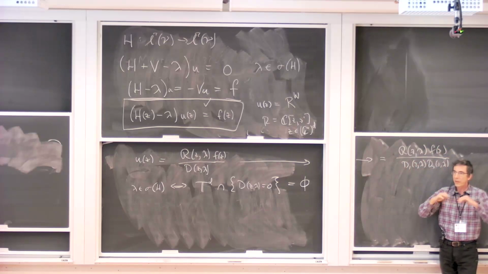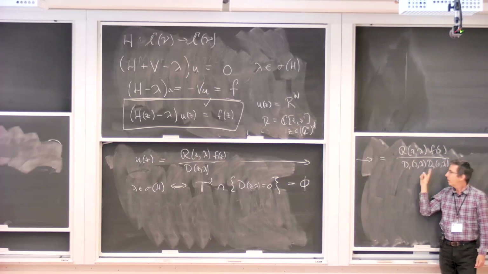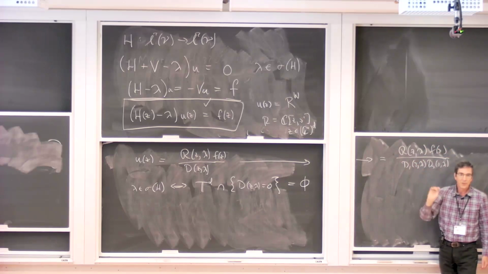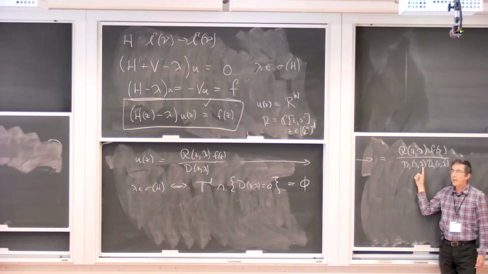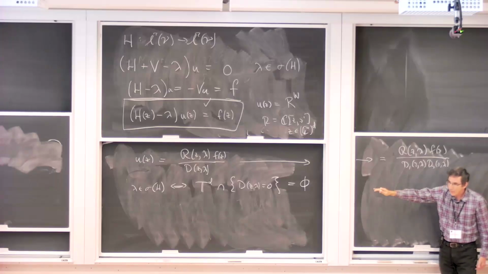So fix the energy, and what I do care about is that these two are Laurent polynomials in Z, and not monomials, so this is genuinely reducible. And we don't care about how it depends on lambda right now. It does not have to be polynomial in lambda. So we're not talking about reducibility of the Bloch variety in Z and lambda, but just reducibility of the Fermi variety for a fixed lambda.